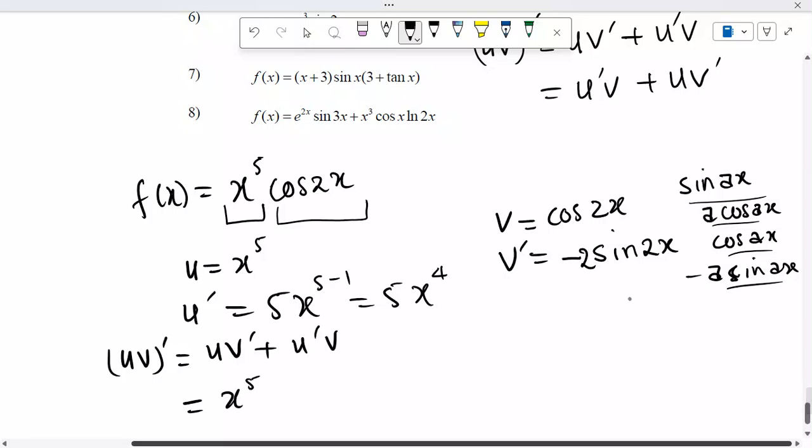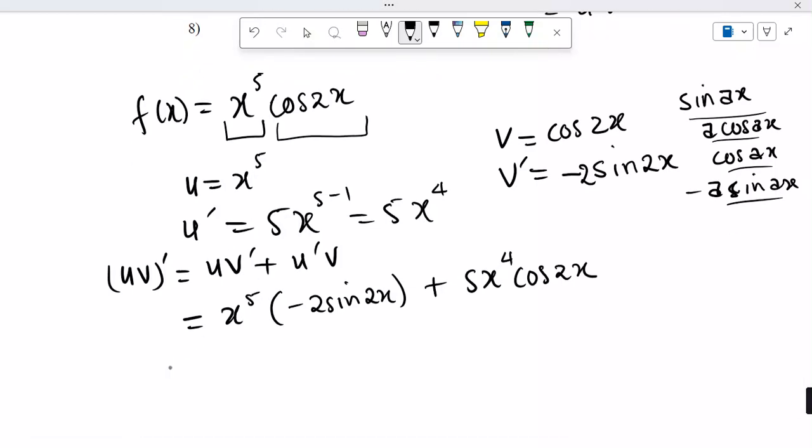What is v prime? This one, negative 2 sine 2x, plus what is our u prime? u prime is this one, 5x to the power 4. And then what is v? v is cos 2x.